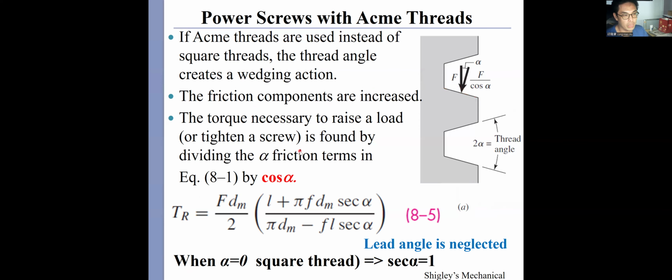So that equation divided by cosine alpha gives us the torque needed to raise the mass by using the Acme thread.